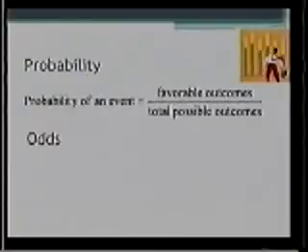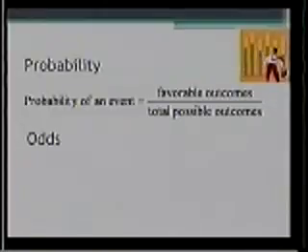Next, you will also need to be able to understand the difference between probability and odds in a particular situation. By definition, probability is favorable outcomes over total possible outcomes.